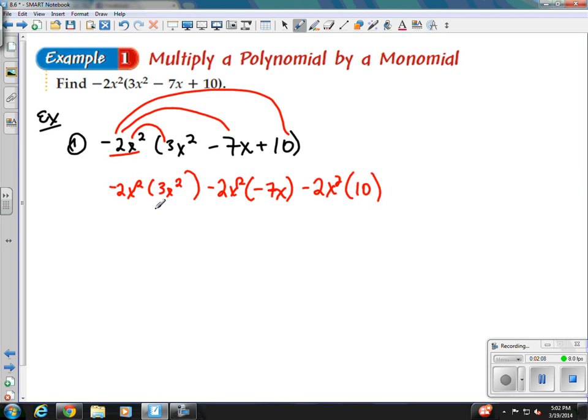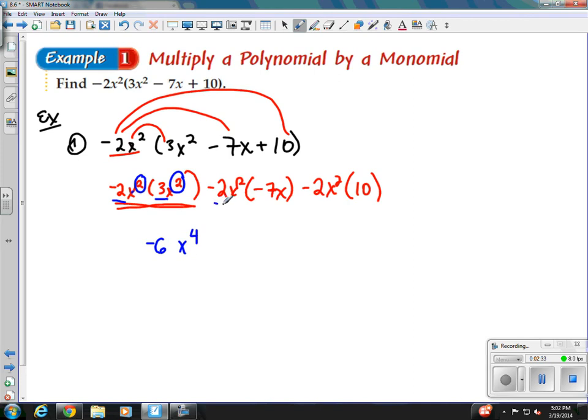So now we take it one step at a time. We're going to treat this just like it was a monomial. So we're going to multiply our coefficients. Negative 2 times 3 gives us negative 6. And then we have the same base of x, so I'm going to add the powers. 2 plus 2 gives us x to the 4th.